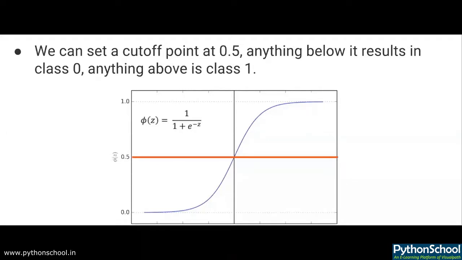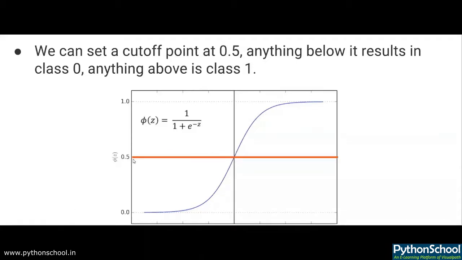So which means that we can set a cutoff point at 0.5 exactly between 0 and 1, and we can say that anything below this cutoff point, this red line, results in class 0, and anything above is class 1.